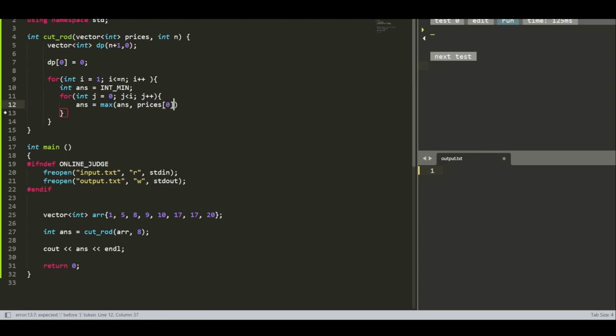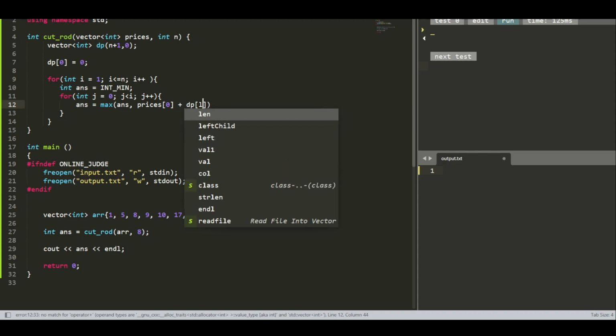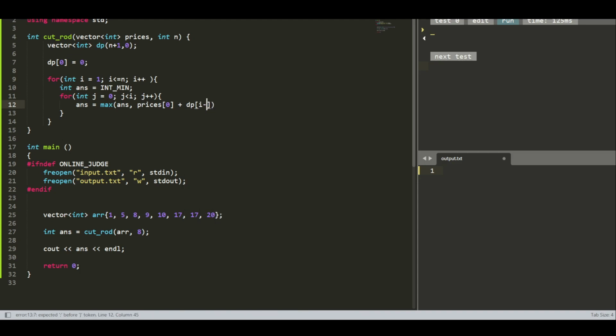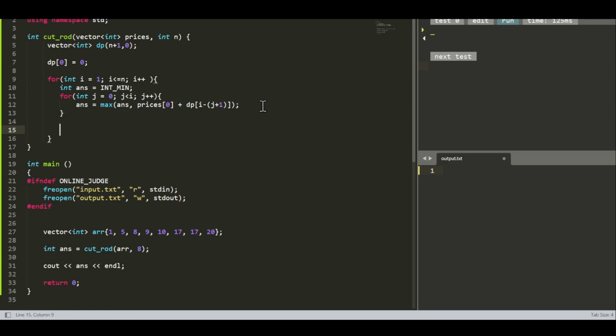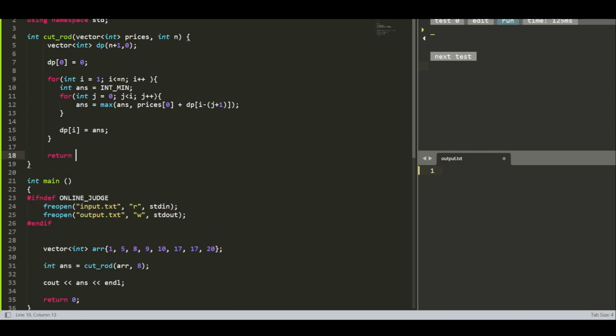So we'll say price of 0 plus dp of, our rod is of length i, and if we make a cut of j, then we will be left with i minus j plus 1. Okay, this will be our new length of the rod. And at last we will store our answer in our dp of i, and we will return dp of n.